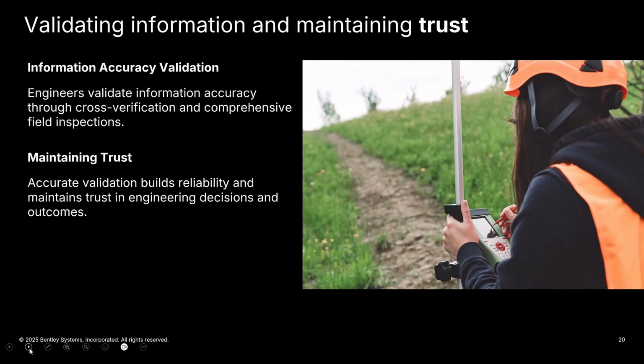And towards the end, as Volaree was speaking, she had spoken about maintaining trust. This is critical in our industry because the end product, while it might seem counterintuitive for me, working for a software vendor, is not the model. It's not the CAD model. It's not the specification or the report.